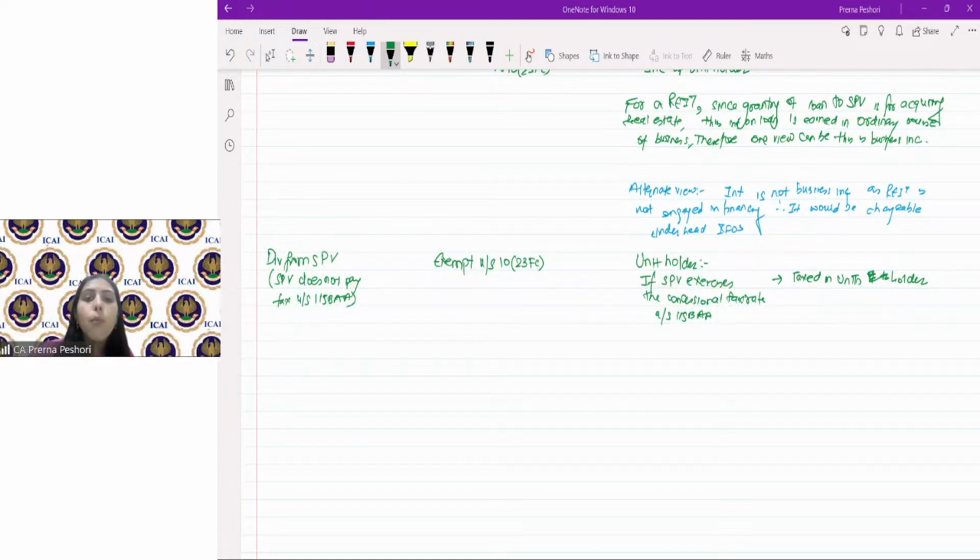So if the SPV exercises the concessional tax rate under 115BAA, the dividends will be taxed in the hands of the unit holder, and in that particular case, chargeable under income from other sources. So you will reduce from here and take it to income from other sources.